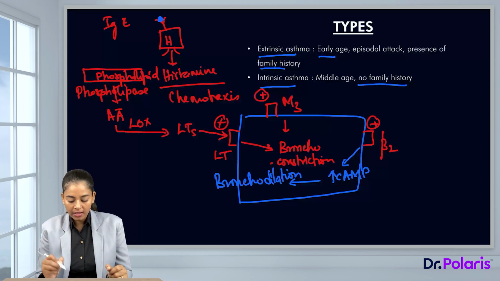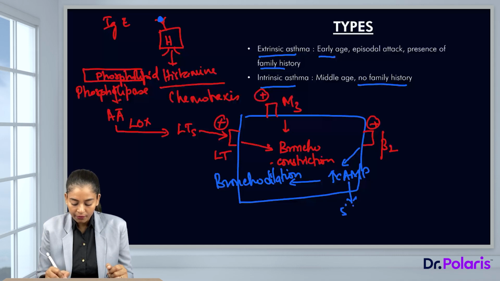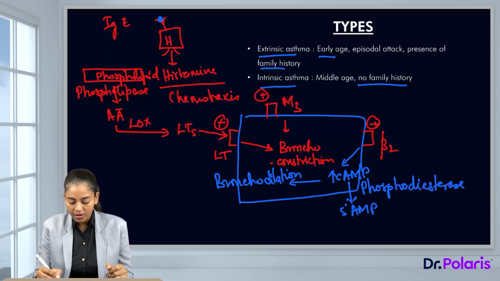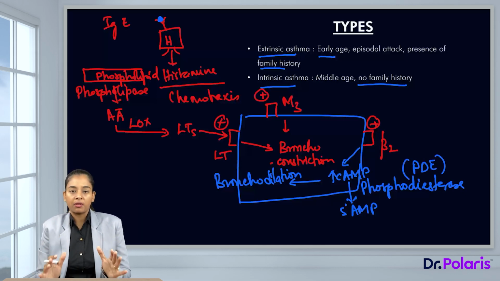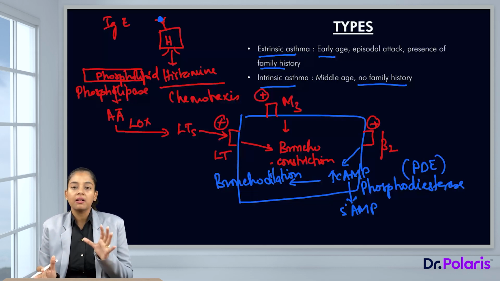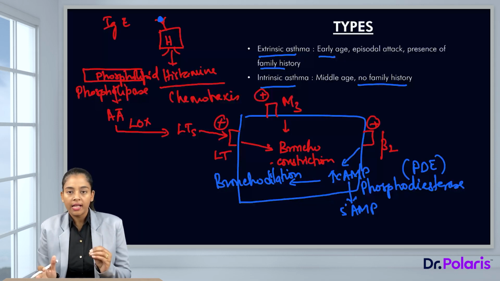This cyclic AMP gets degraded into 5'-AMP by an enzyme called phosphodiesterase, in short PDE. So this is the pathophysiology of what happens in a bronchial smooth muscle when there is an attack of asthma.